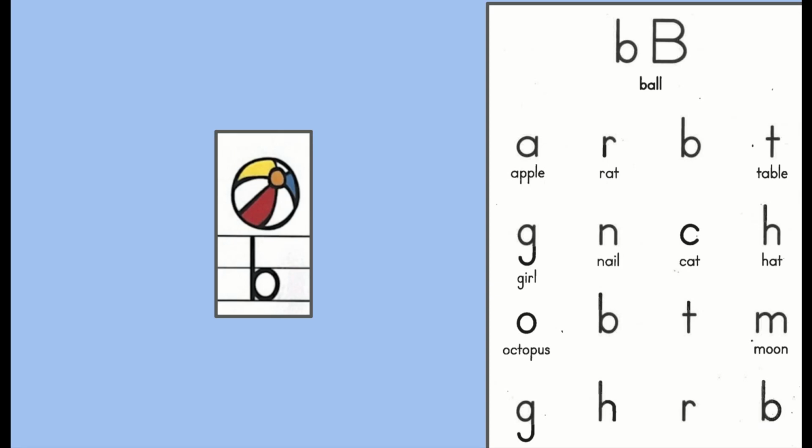A, like apple. T, like table. R, like rat. O, like octopus.